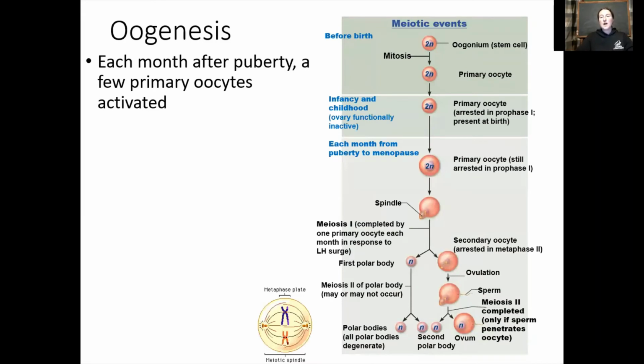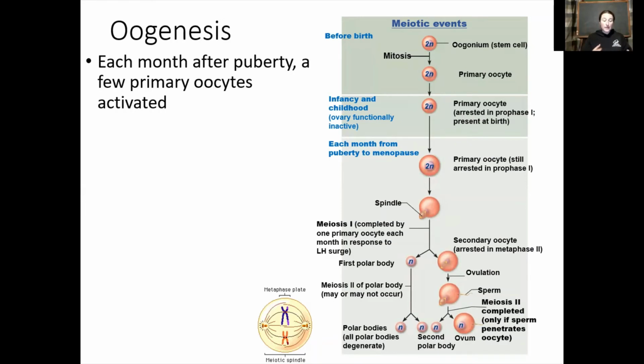Again, we're going to walk through this image right here. We've begun our discussion with talking about the stem cells making more of themselves. Then these primary oocytes, still within the ovaries, are going to start the process of meiosis 1, but they are arrested in prophase 1, literally the first step of this process. They're going to hang out there until she reaches puberty.